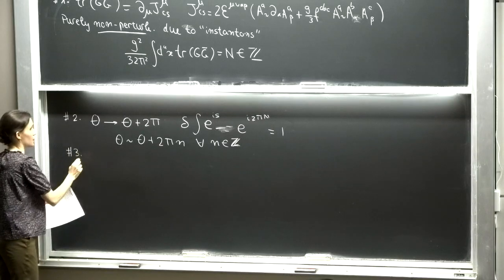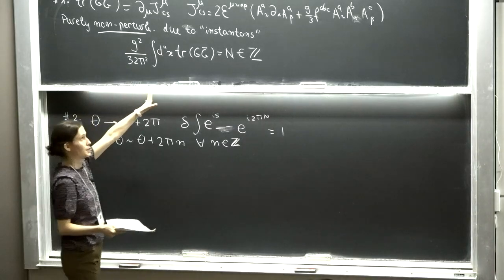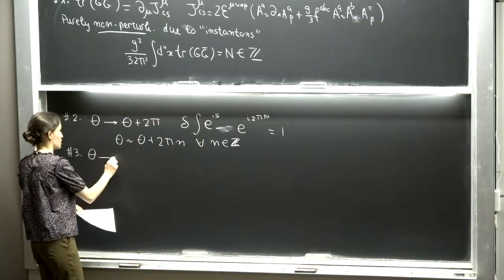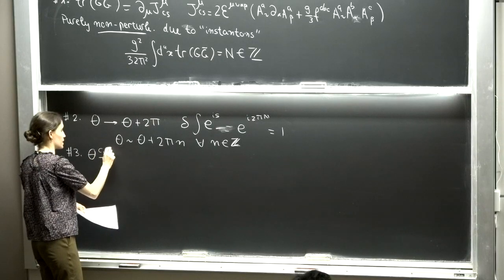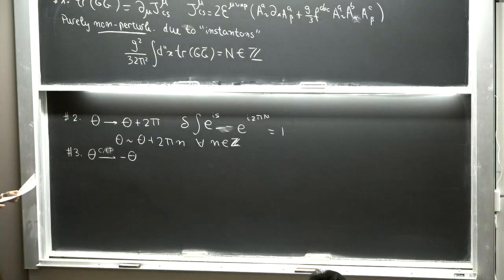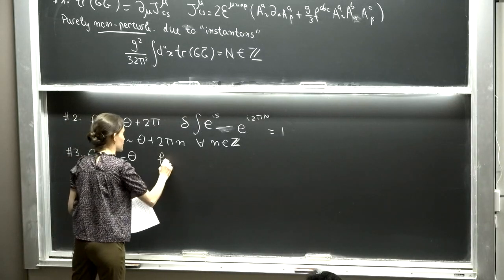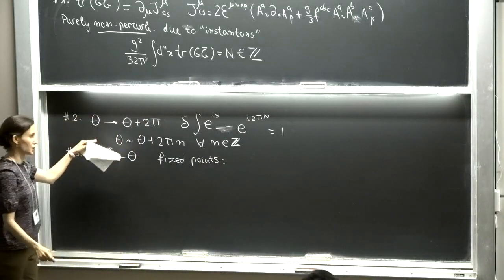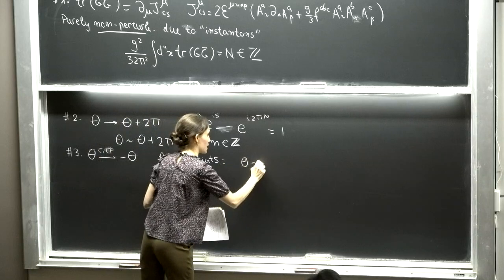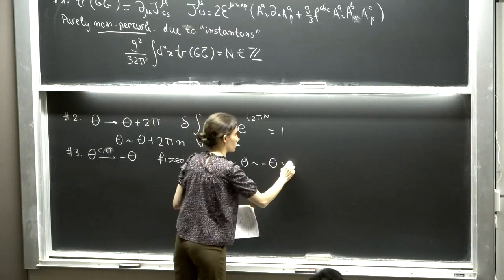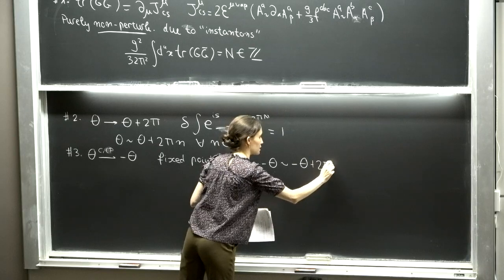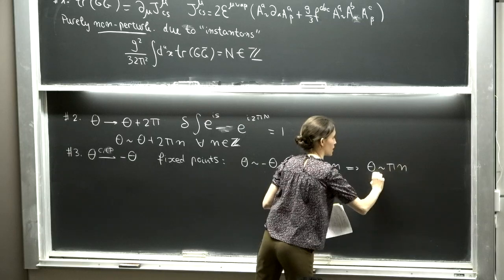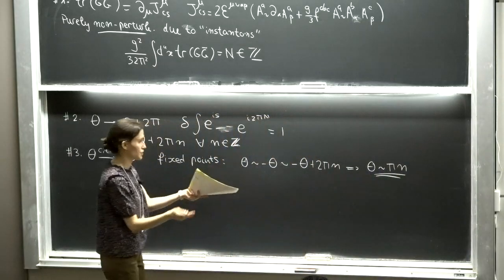And then finally, if we thought of that theta parameter as a spurion transforming under P and CP, theta would transform as minus theta. And so the fixed points under this operation, if we take into account that theta is an angle, so minus theta is equivalent to theta plus 2 pi n, are values of theta that are an integer multiple of pi.